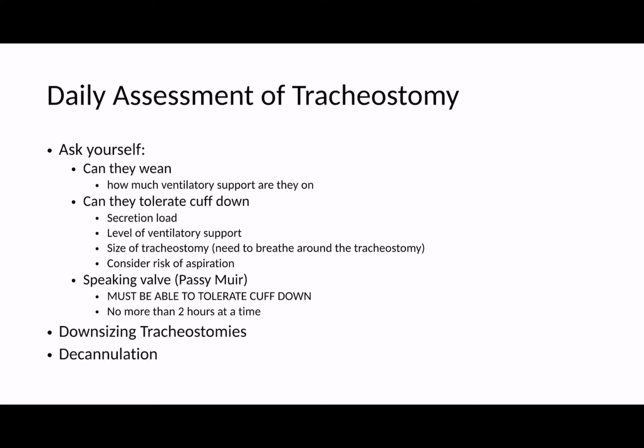However, there are other things to think about. Remember before we talked about a protected airway. Well, an airway is only protected if that cuff is up. So if you've got an uncuffed tracheostomy, counterintuitively, actually you don't have a protected airway because stuff can still go from the oropharynx down round the sides of the tracheostomy and into the lungs. Similarly, if you've got the cuff down, the airway is not protected.